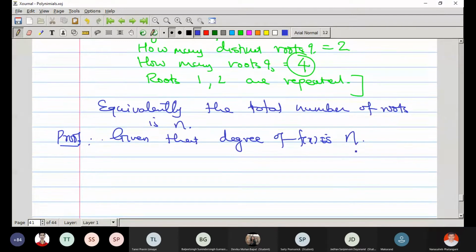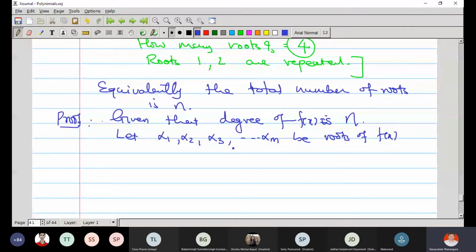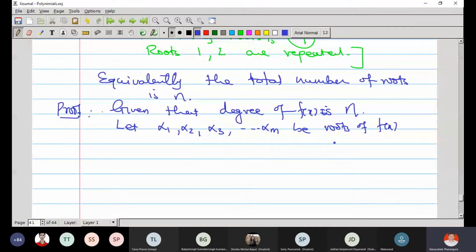So let alpha 1, alpha 2, alpha 3, up to alpha m be all roots of f(x).